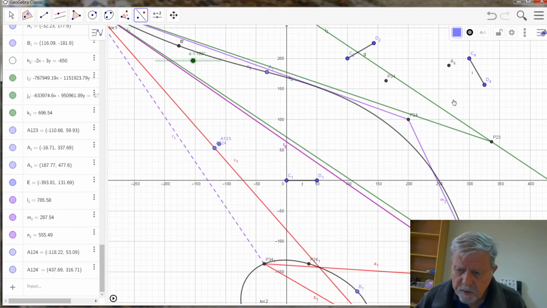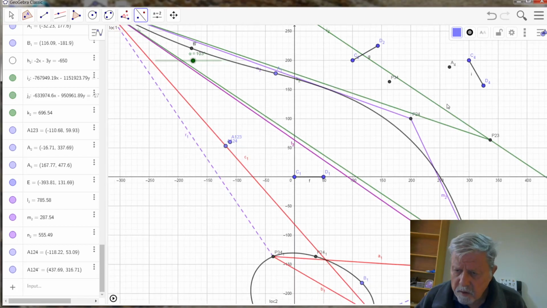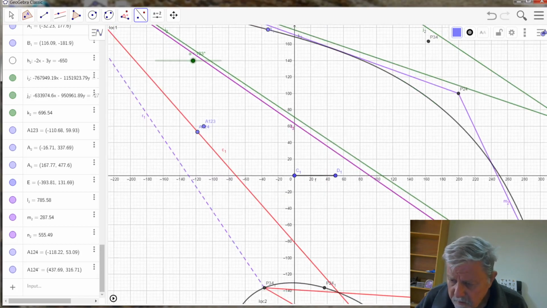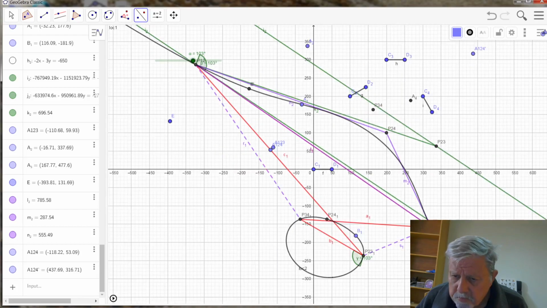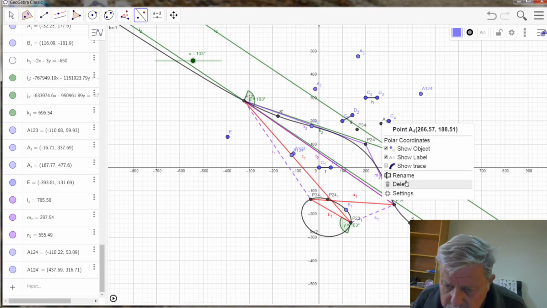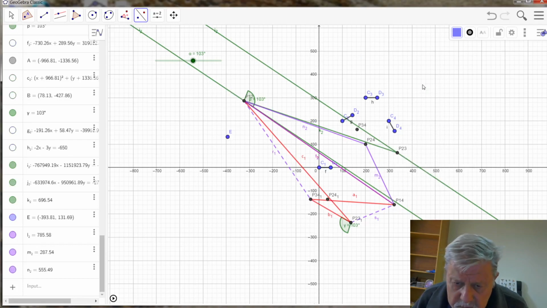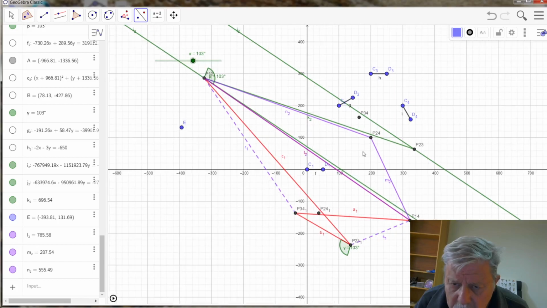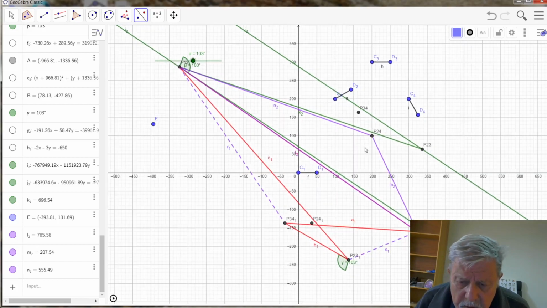No, it shouldn't be that point. I think I have done wrong. That's not the point. Let me decrease the size to see. No, this is the point. I'm sorry, this is not the point. Where is it gone? All my points are gone.